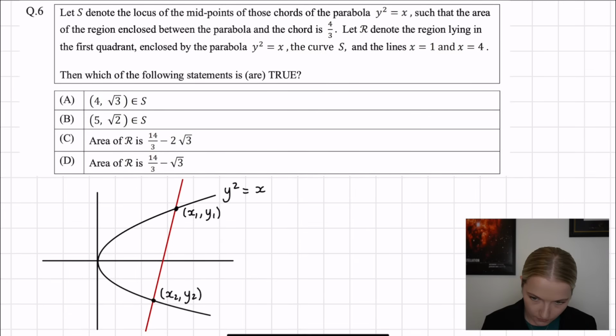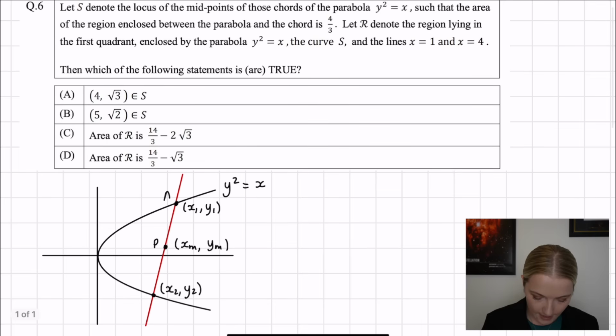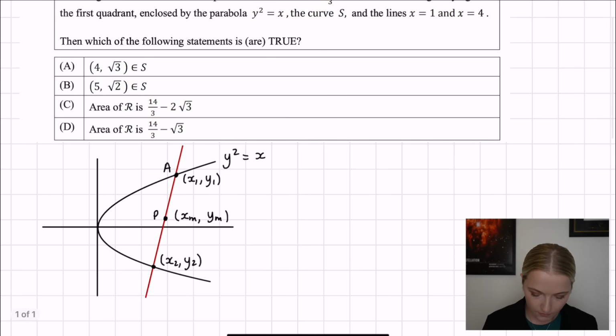Okay, and then we'll have a midpoint here somewhere, so I'm going to let the midpoint be P. And I'm going to call that xm, ym for the midpoint of this chord. So we'll call that A, the point for x1, y1, and we'll call this B for x2, y2.